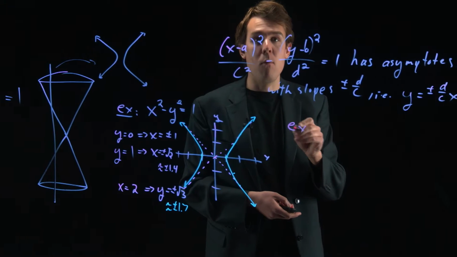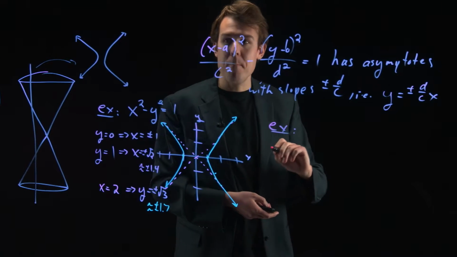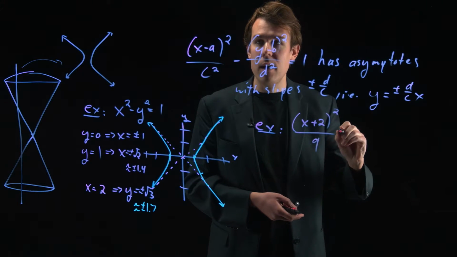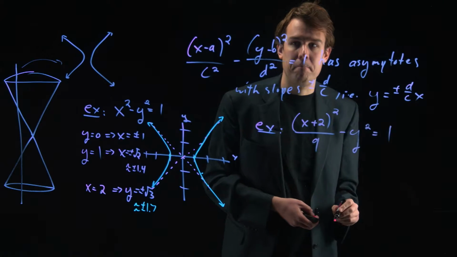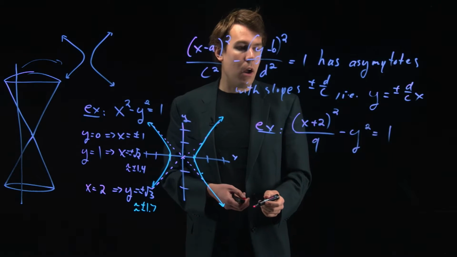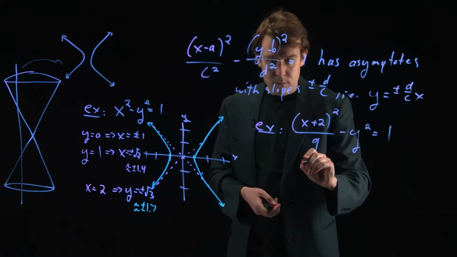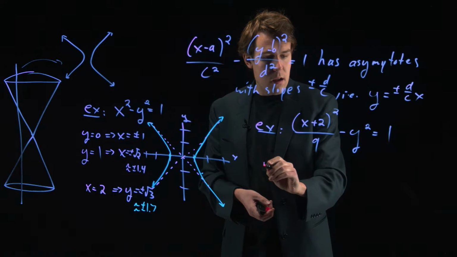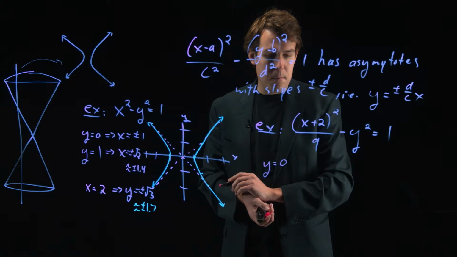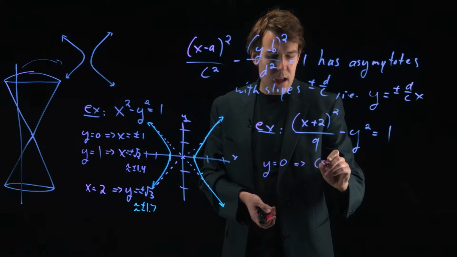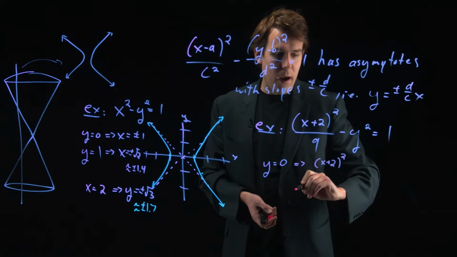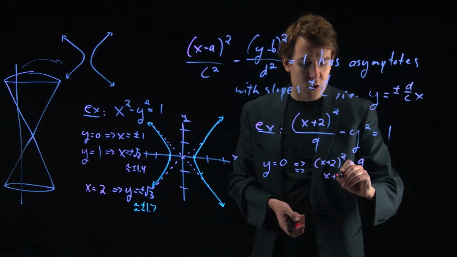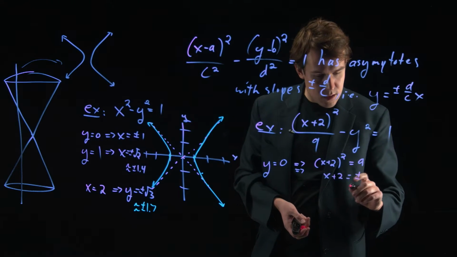So as a final example where we'll use this in an important way, we'll consider (x plus 2) squared over 9 minus y squared equals 1. So what are some points that are on this? Let's see here. If y is equal to 0, then I need (x plus 2) squared to be equal to 9. So x plus 2 should be equal to plus and minus 3.